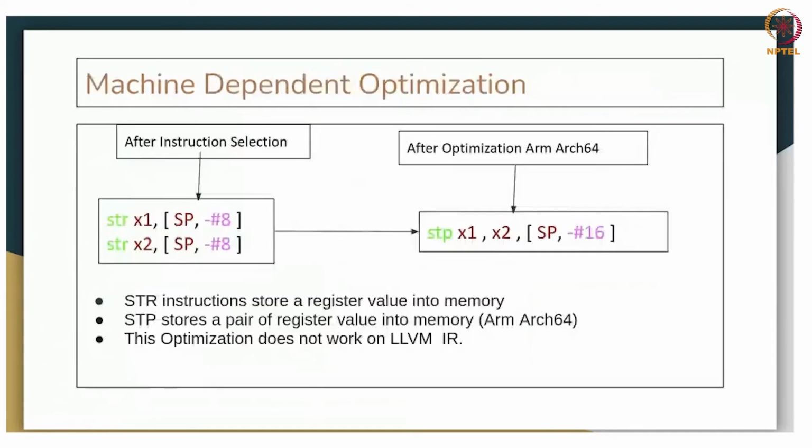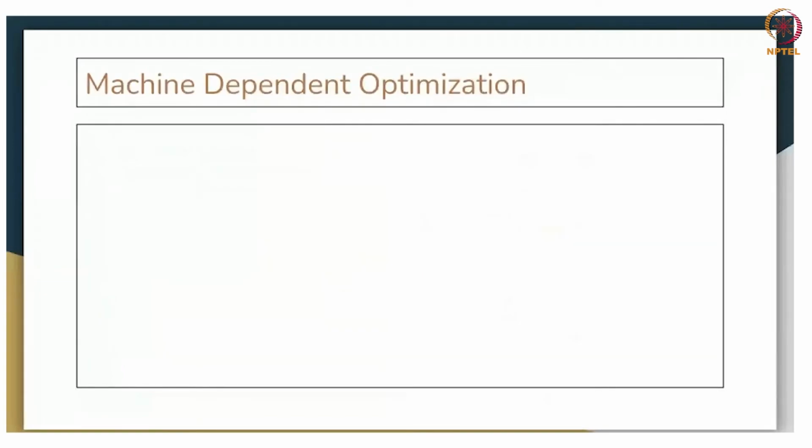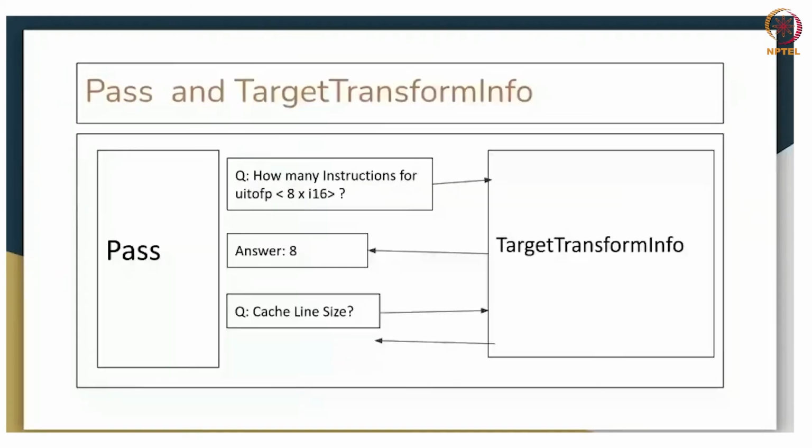So machine dependent optimizations are possible. What is already there, what extra you can add, and the constraints that you can look at. The instruction info, target transform info, and the LLVM pass, that is the backend code generation pass.